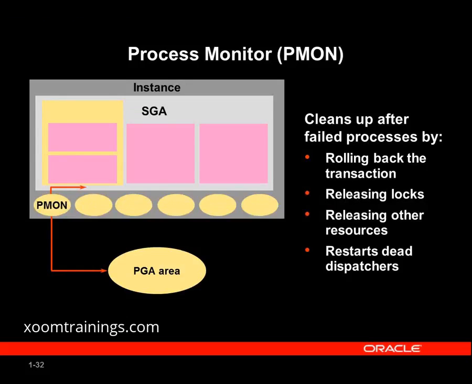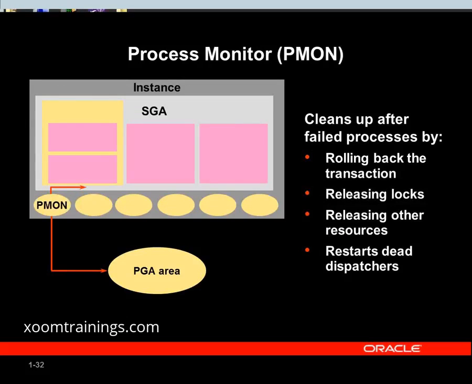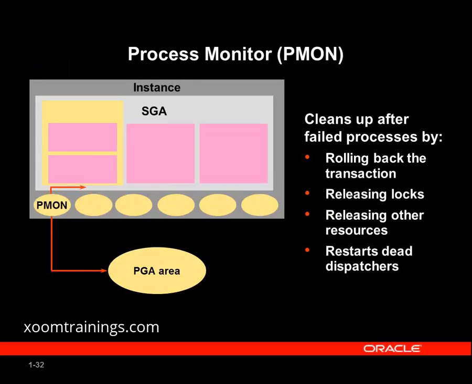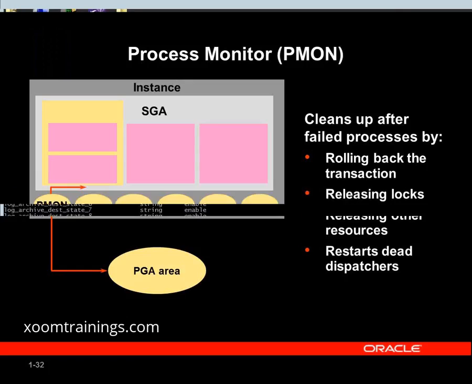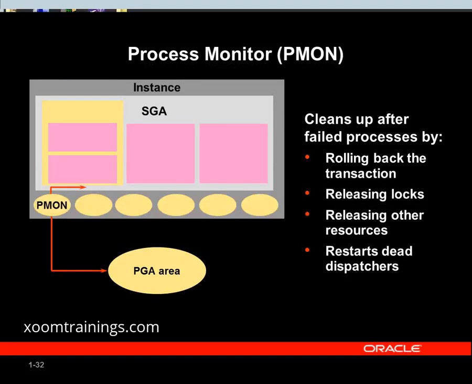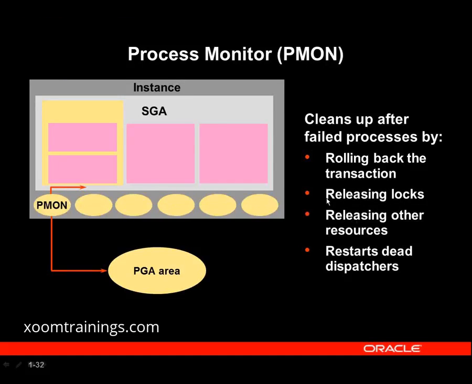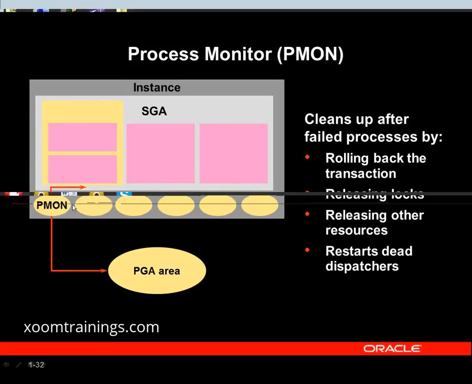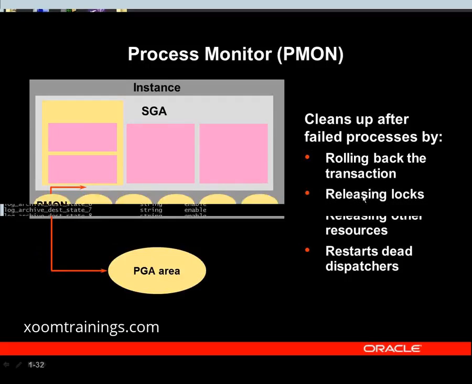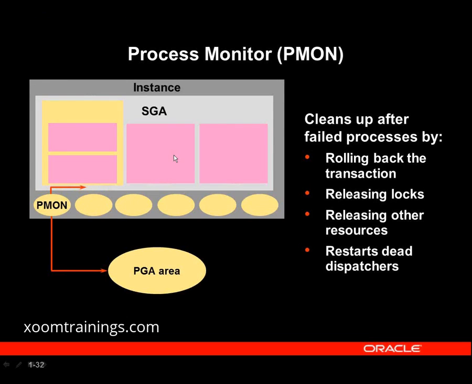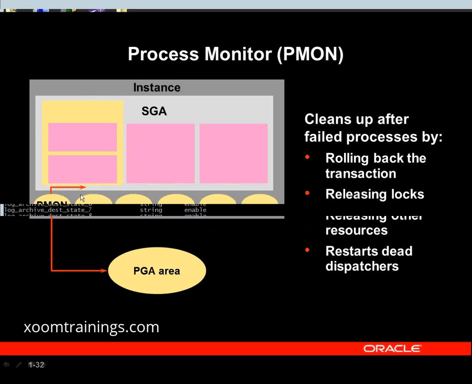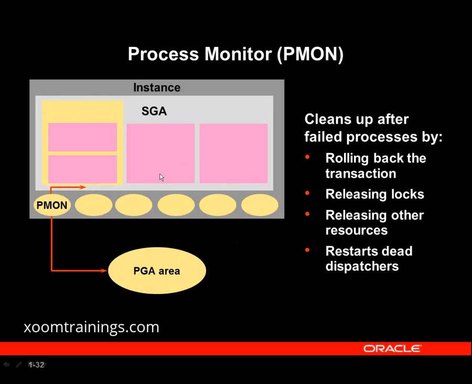If I'm updating a table and another user tries updating the same record, both users could not update the same record, so there is a lock on the table, and that lock is managed by PMON, the process monitor. So it releases the lock. There might be a duration for which the lock should be held on that transaction or object, and it gets released according to how the process monitor manages it.